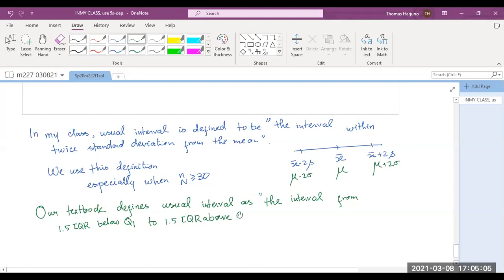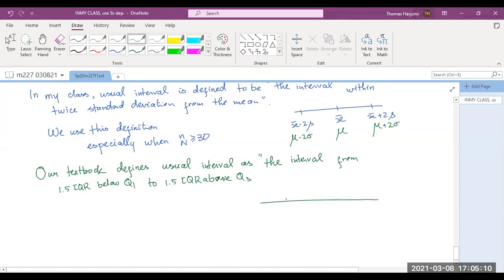I'm sorry, above Q3. So as if I'm saying the following. Okay, we have Q1 and Q3, right? Now the distance between Q1 and Q3 is called interquartile range.